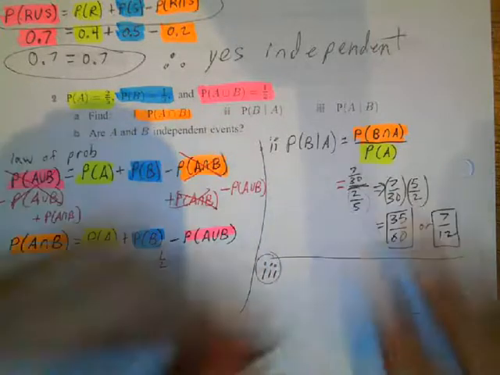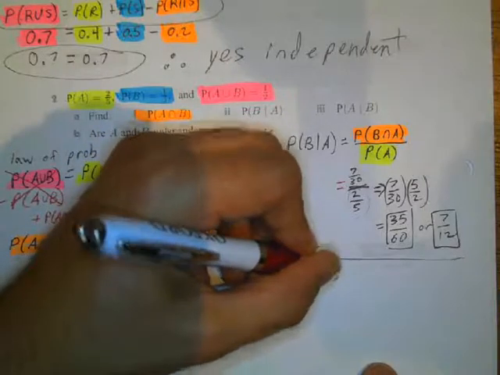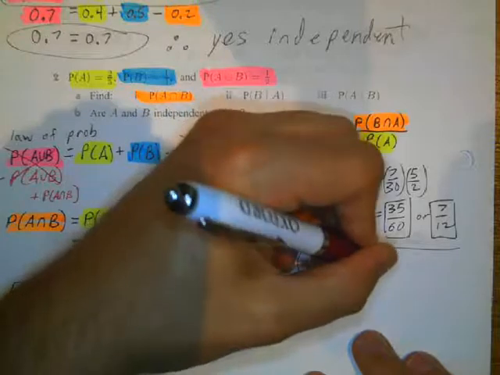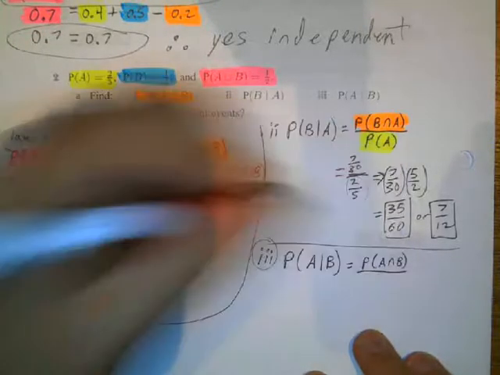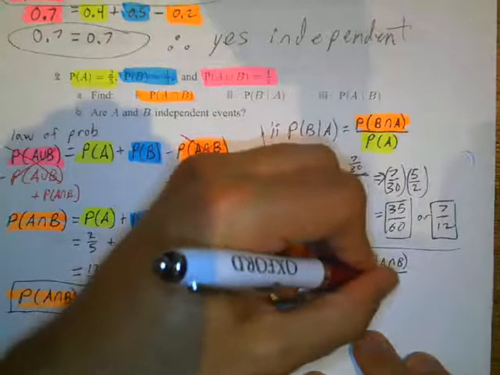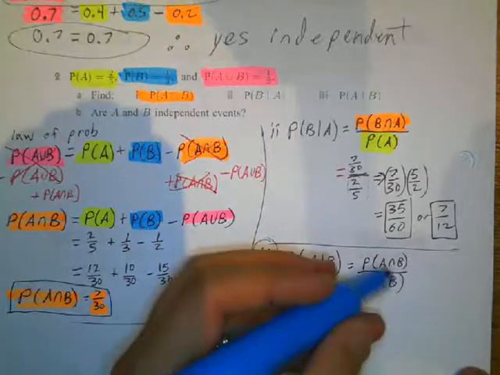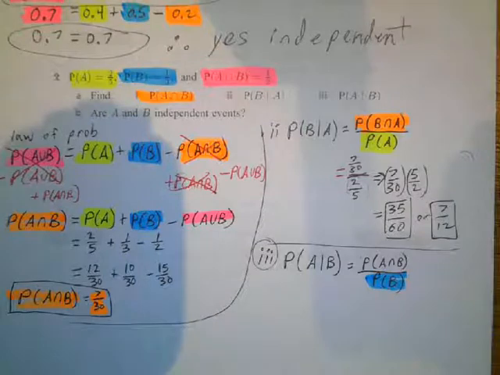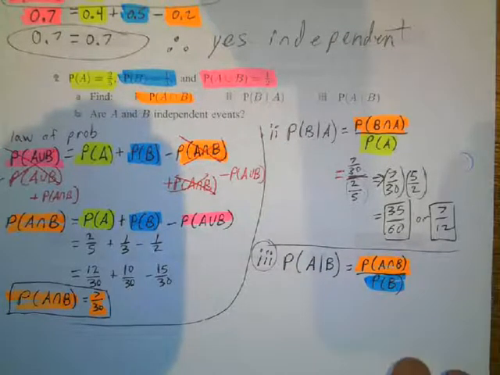And so we've got the probability of A given B. So what we're going to do is that's going to be the probability of the intersection of A and B divided by the probability of B, since we're given B. Okay, so we've got this value here, it's 1/3, and we've got this value here, it's 7 over 30. So here we go again.